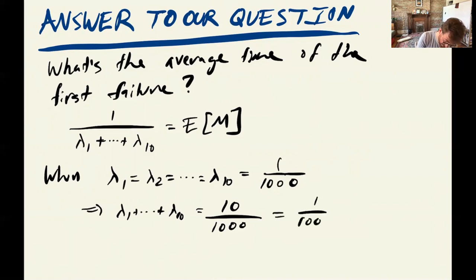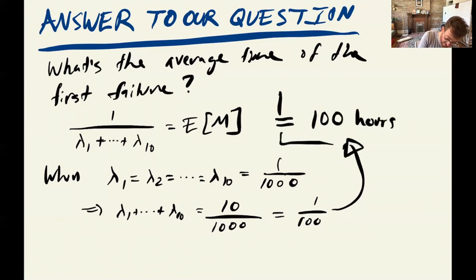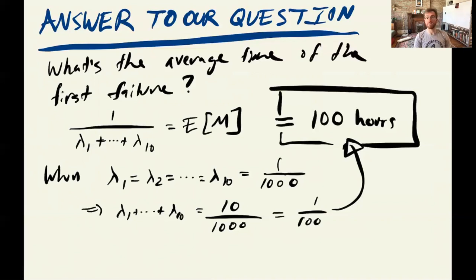So if I plug that back into this formula, it's going to end up being 100 hours is our expected time till the first failure. And this is really fascinating because you'd almost think that, all right, I've got 10 light bulbs, each of which are supposed to last 1,000 hours, but somehow the time that will pass until you need to replace one of them has actually gone down by a factor of 10.